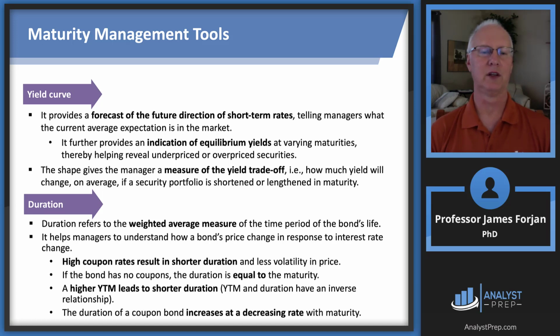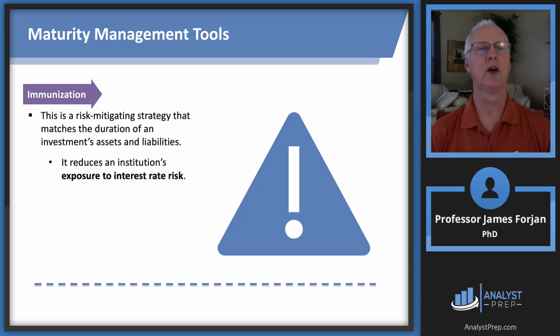So duration is going to be a line, and convexity is going to be the curvature on that line. And so for longer-term bonds, they might have lots of convexity that will increase interest rate risk. But that's good news for you guys that at least in this chapter, you don't need to worry about convexity.